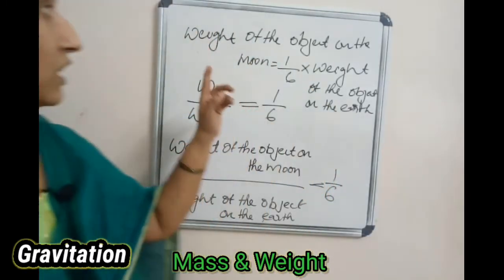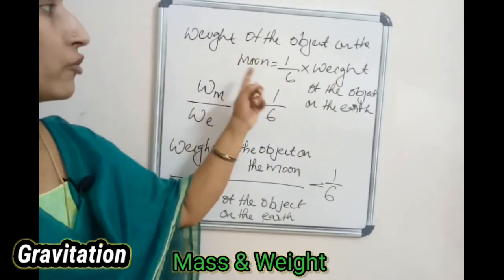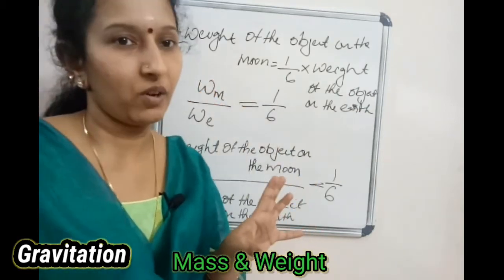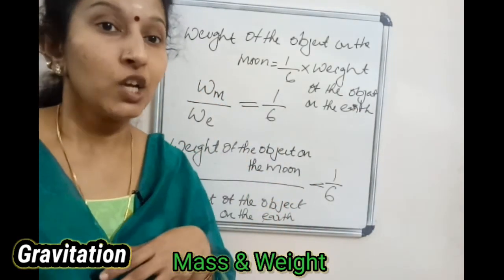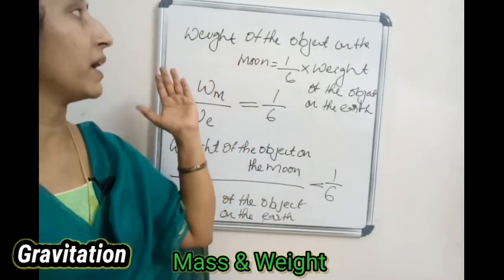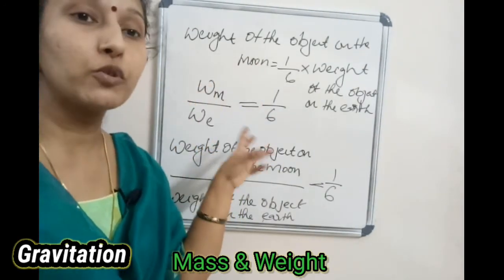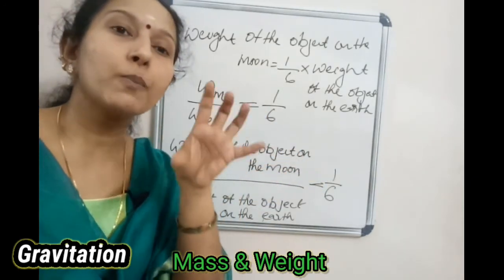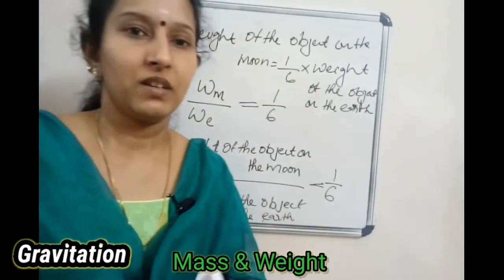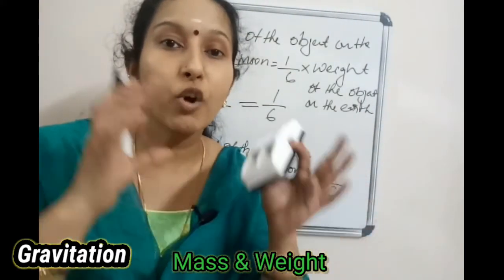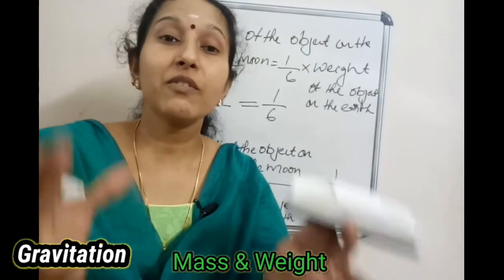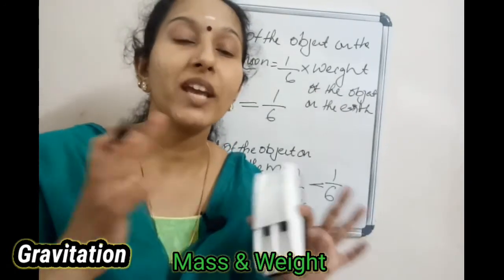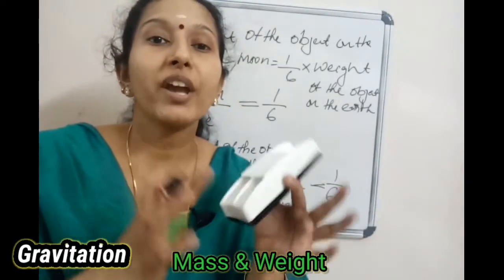Keep this relationship in your mind: weight of the object on the moon equals 1 by 6 weight of the object on the earth.